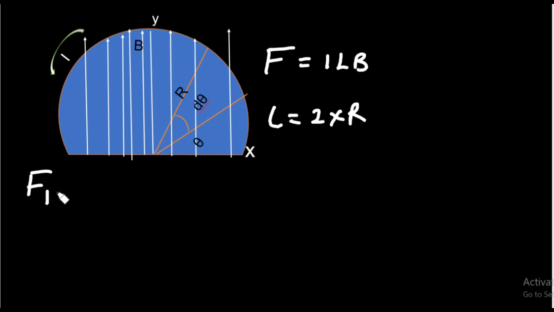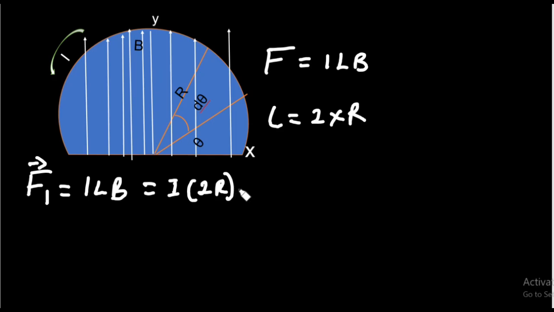So we can call the force on this straight segment F1, so that we can write that F1 equals, of course, force is a vector, we represent it this way, F1 equals IL cross B. Since we are looking at the straight segment, we can say I standing for current times the length, which is 2R.